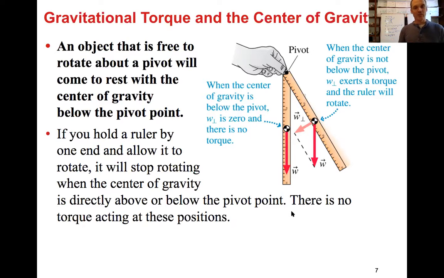That's why simple harmonic motion works, because if you have a pivot and a gravitational pull, it's going to try to get it to rest at that center of gravity alignment. So the center of gravity is aligned with the gravitational pull.